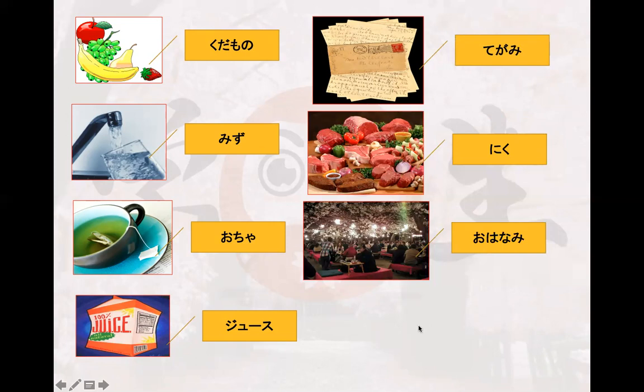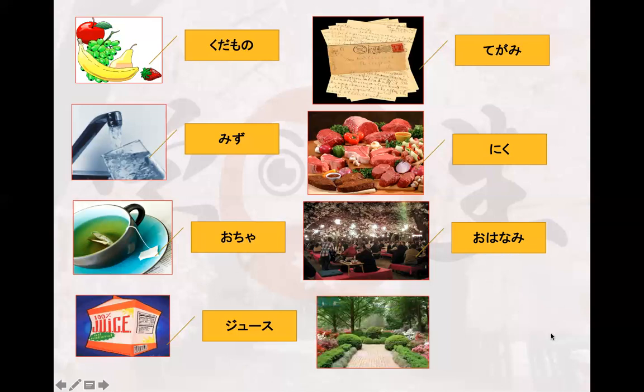This is between April and May. So o is a prefix to make it polite, hana is flower, and mi, the kanji of this is to look, to see, or to watch. So that is how it got its meaning, ohanami: watching flowers.